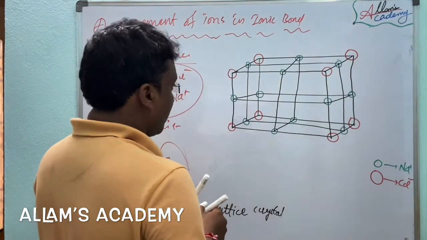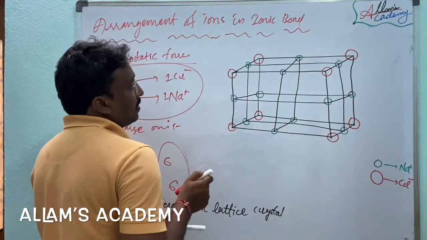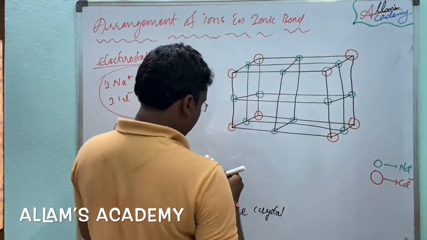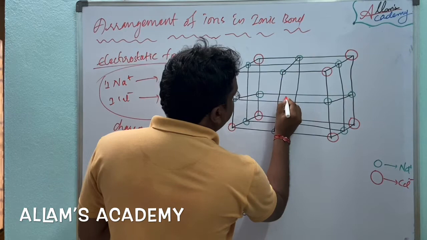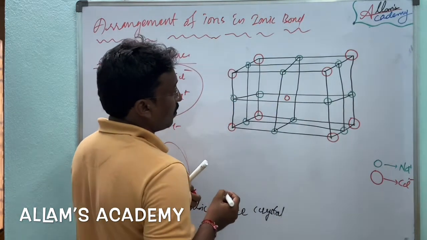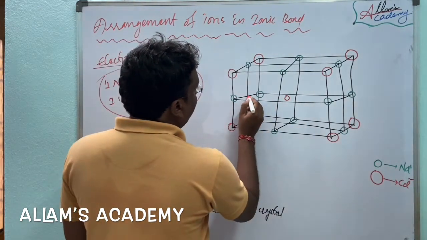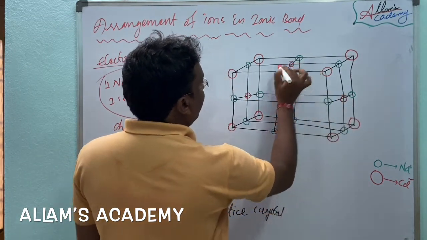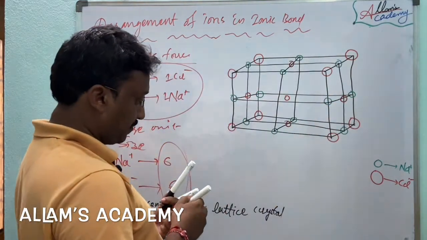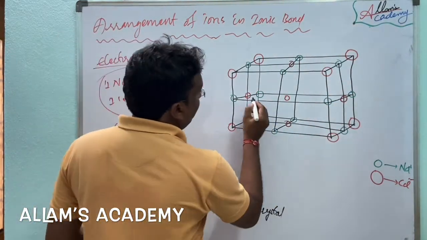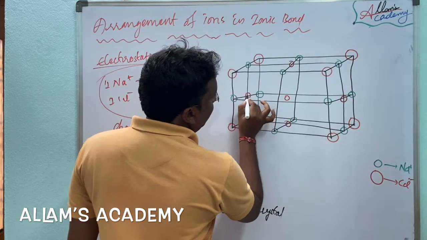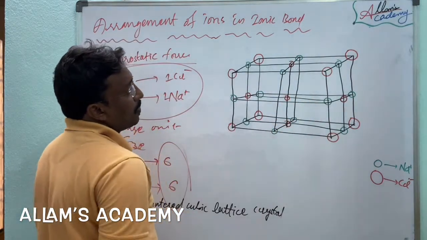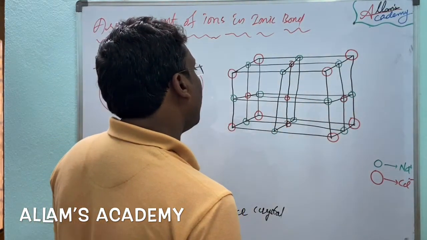And here, 1 chlorine. Here 1 and here 1, here 1, here 1. Where the 4 lines are joined, join all the lines. Right, now you can see it.